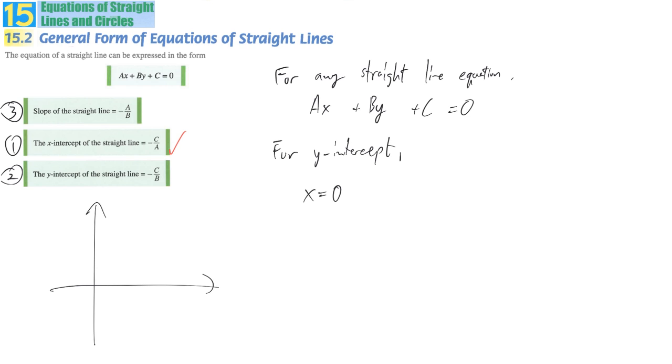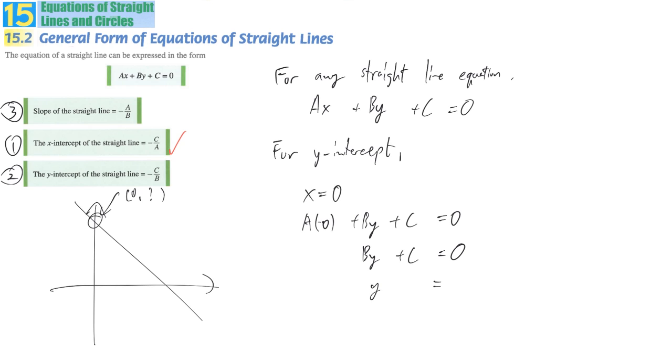If we draw a graph, at this point, the y-intercept, x is equal to 0, so we just replace x by 0 and find the corresponding y. a times 0 gives you 0, so only by plus c is left. That's why we find that y is negative c over b. The y coordinate depends only on the constant and the coefficient of y. We prove this is correct also.